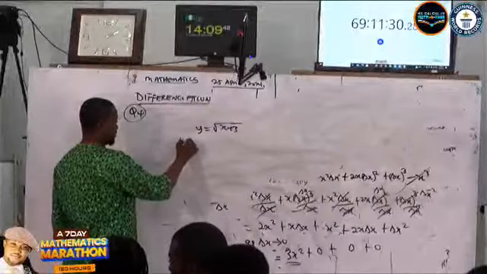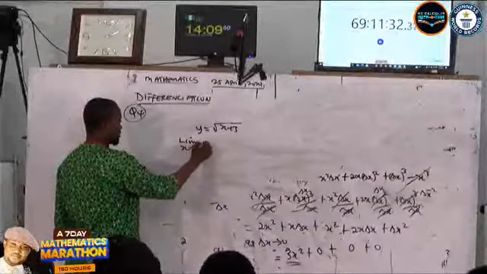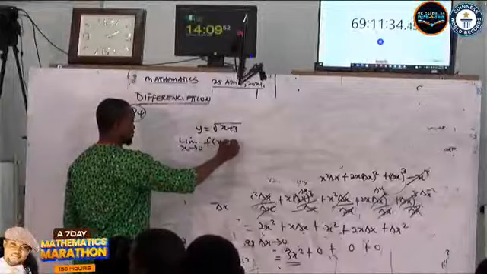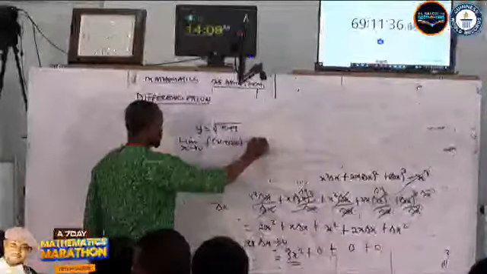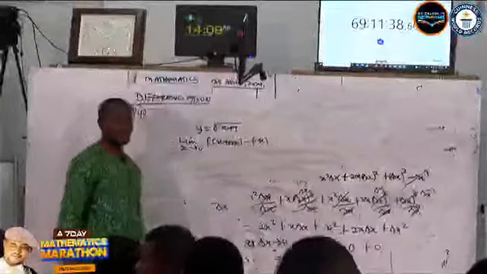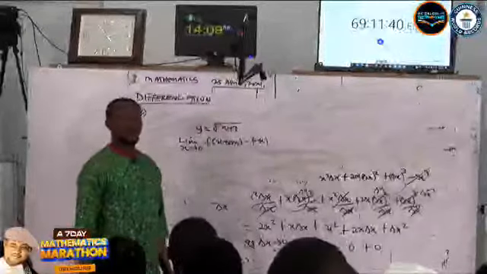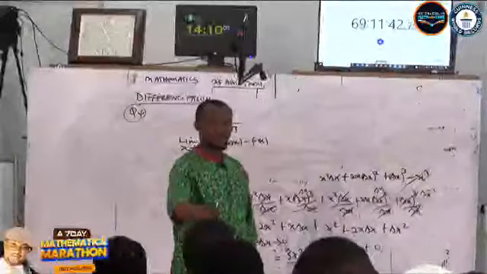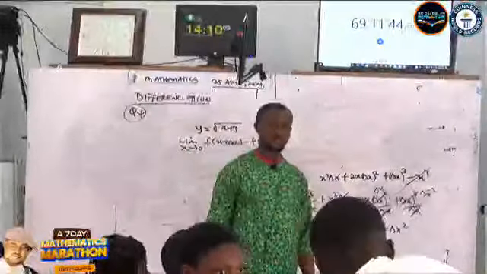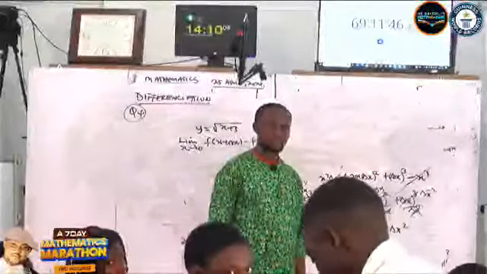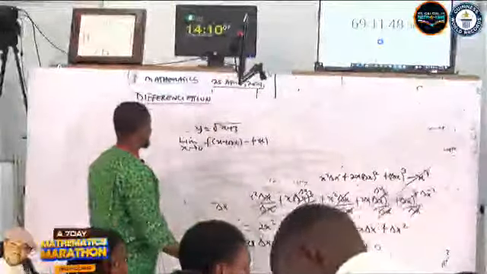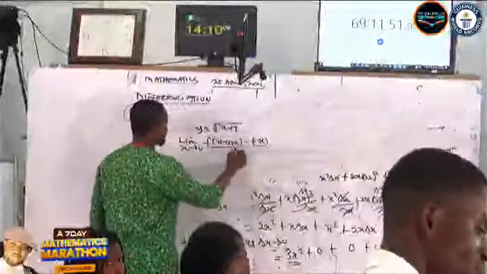So the limit as change in x tends to 0 of f of x plus change in x minus f of x, divided by change in x.